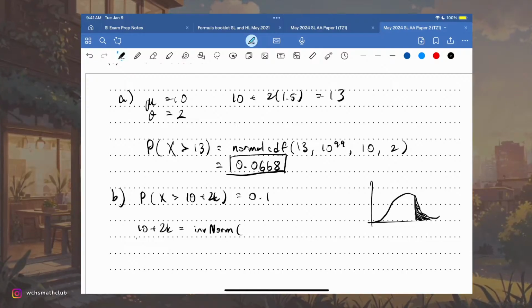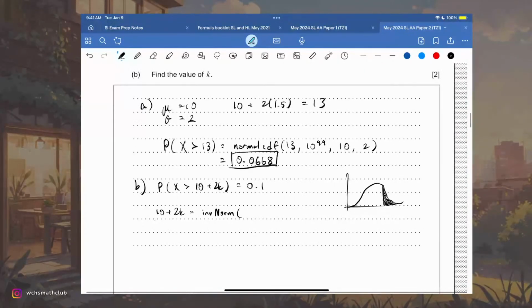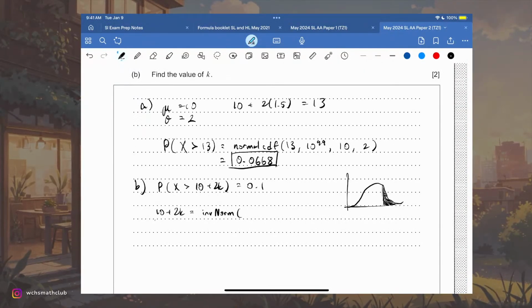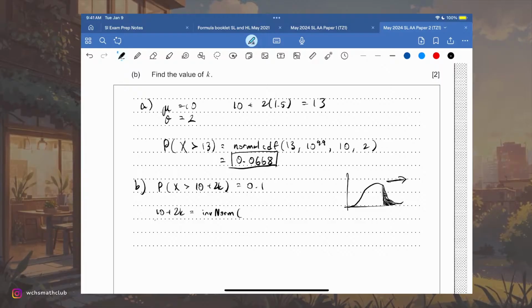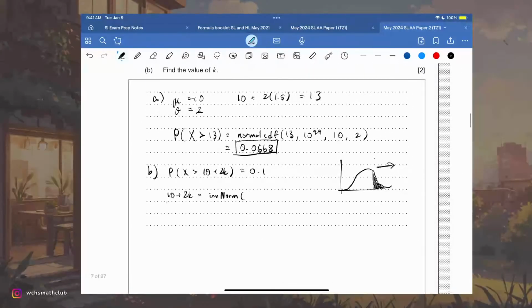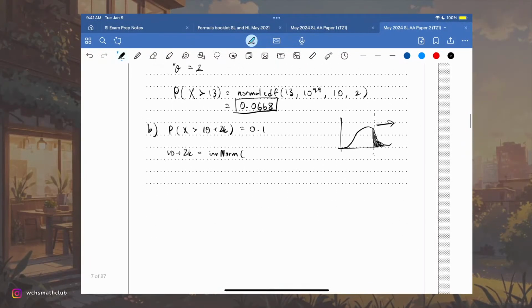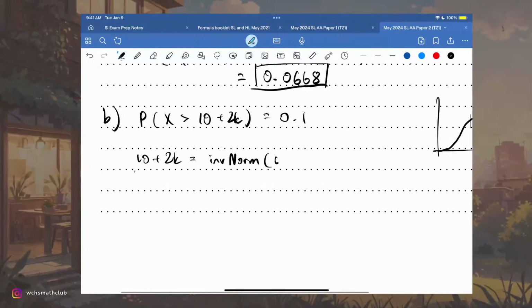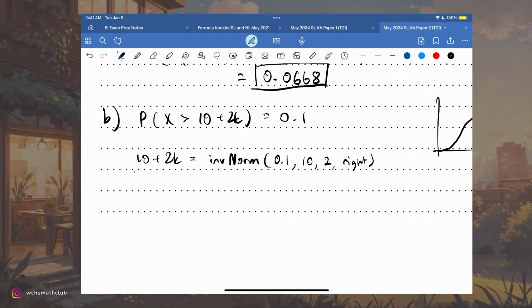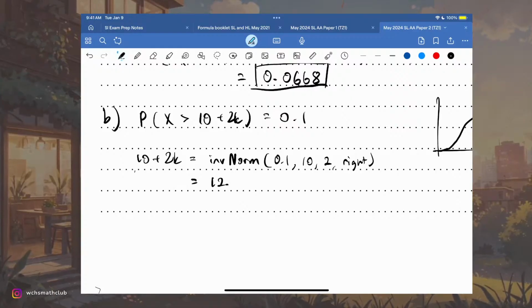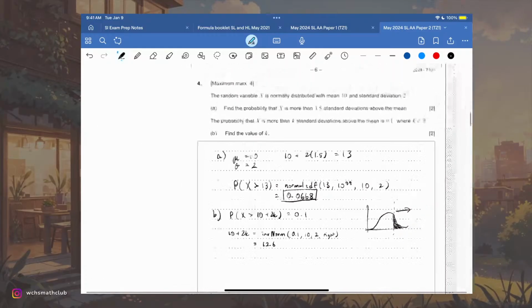Tail basically means which area you're looking for, and this is to the right of this particular value. So our tail should be right. We write 0.1, 10, 2, right, and this is equal to 12.56, or to 3 sig digs, 12.6.